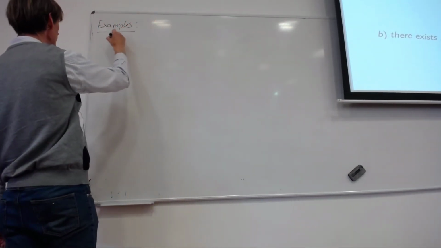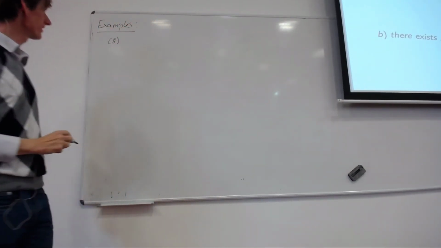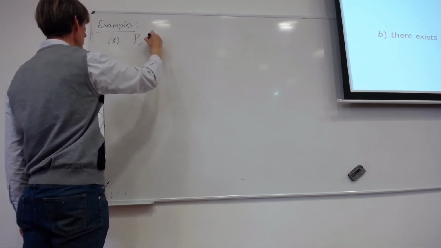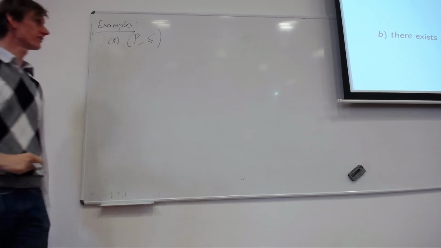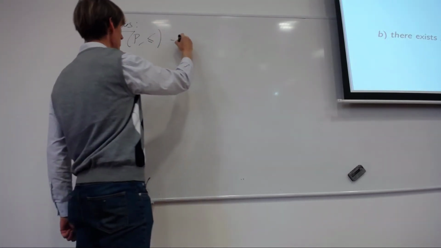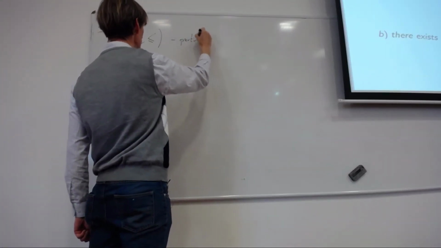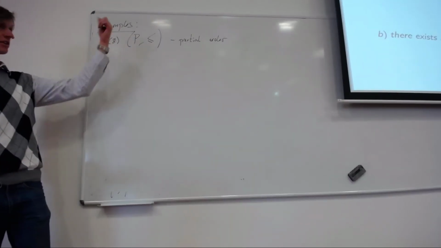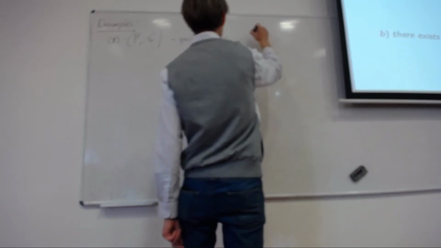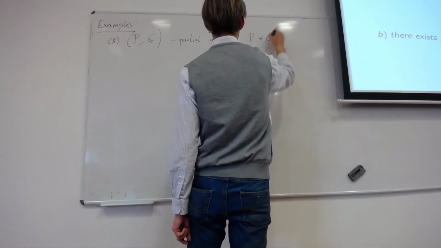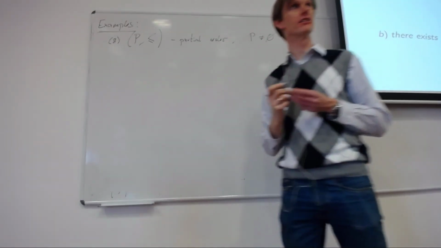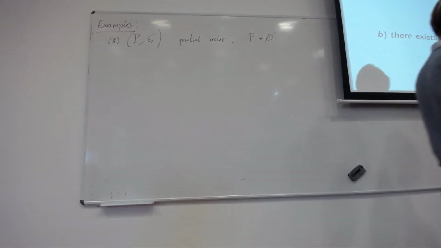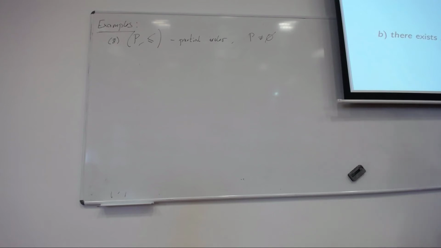Very, very simple. Well, for example, let's take a partial order on a given set. So this is a partial order on some non-empty set P. So a binary relation which is reflexive and antisymmetric and transitive.